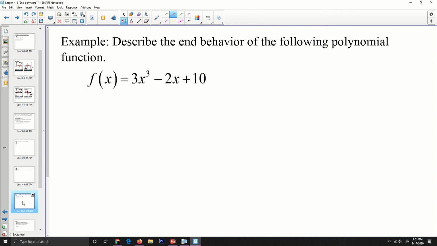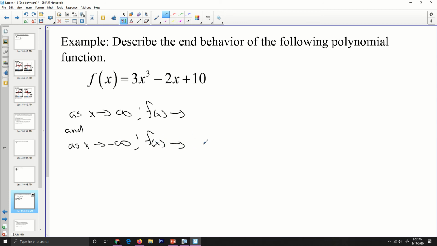So when we're asked to do end behavior, we say as x goes to positive infinity, f of x goes to something that we're going to fill in, and as x goes to negative infinity, f of x goes to something, and we're going to fill that in.